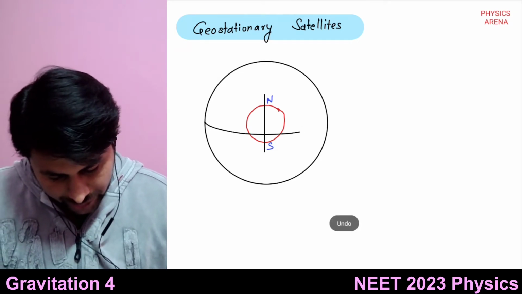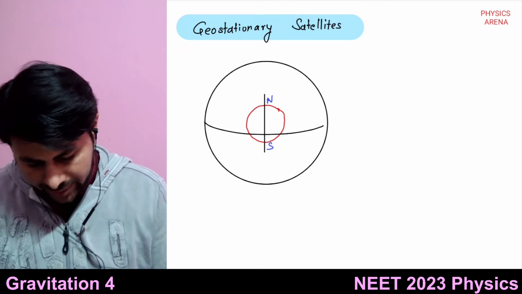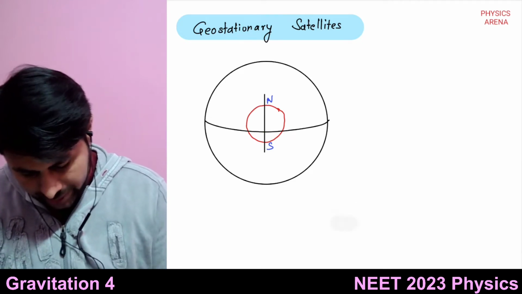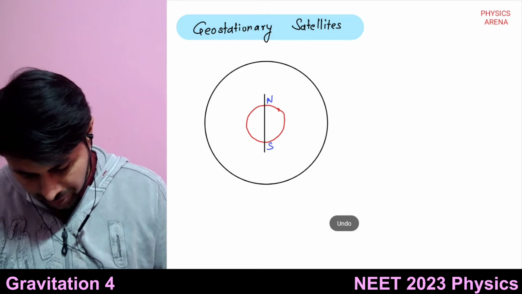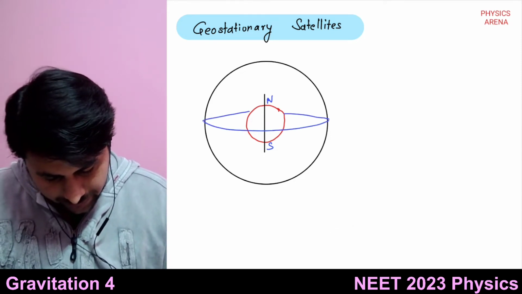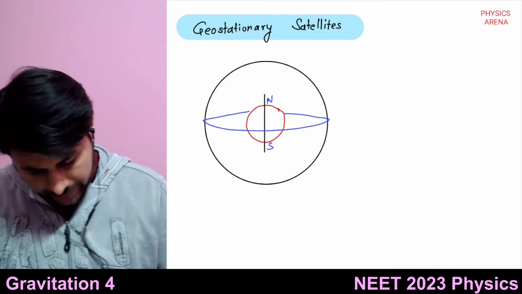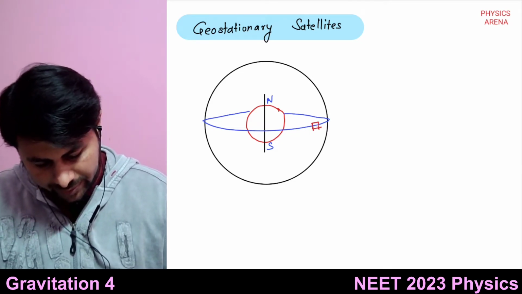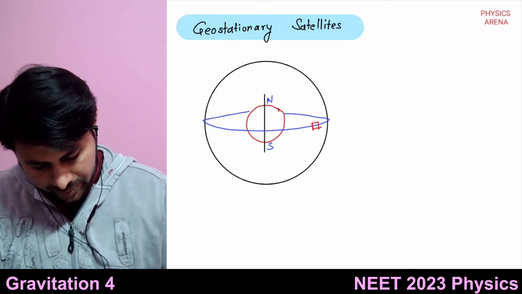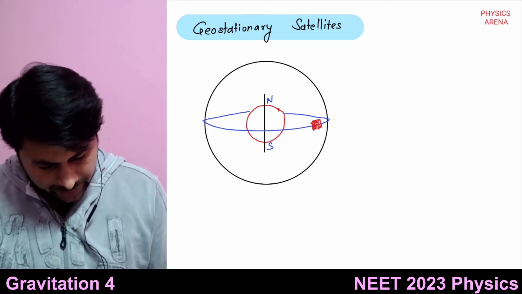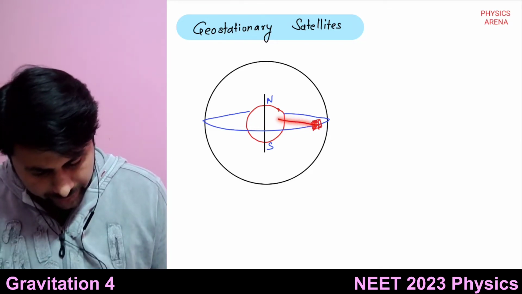Okay. So what must be the position of this geostationary satellite? It must revolve in the equatorial plane. So this is your satellite. Now it's a little bit difficult for me to draw it.